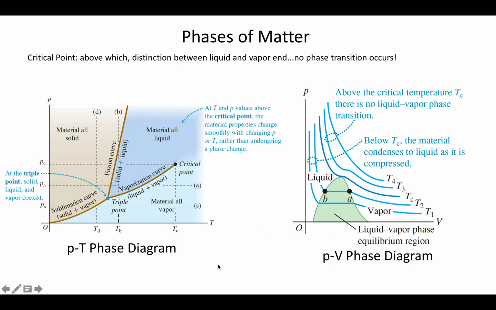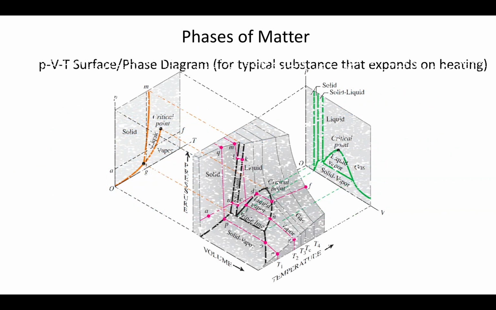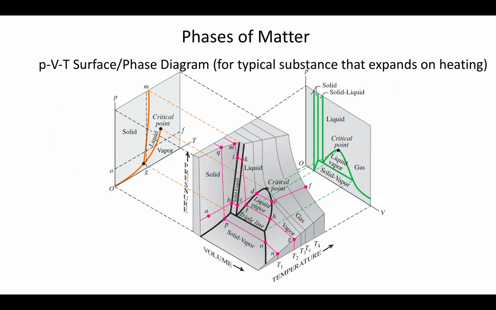So if we put them all together, this is what you would get. You'd get a surface that represents all possible pressure, volume, and temperature values, a particular state of the system. And this is your complicated surface. If you look at its projection in the pressure temperature regime, you'll see that particular kind of phase diagram as we had.